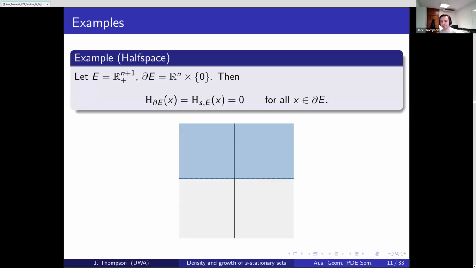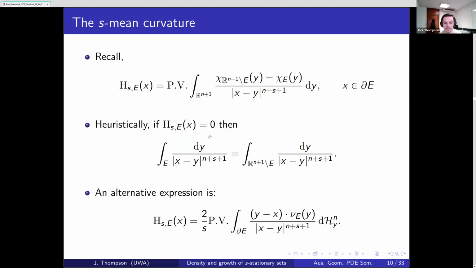The simplest example is the half space, which corresponds to a boundary of a plane. This has zero mean curvature. It also has zero non-local mean curvature, S mean curvature. Now, it seems a bit silly to put a figure of a half plane up, but I just wanted to emphasize this weighted integral interpretation.